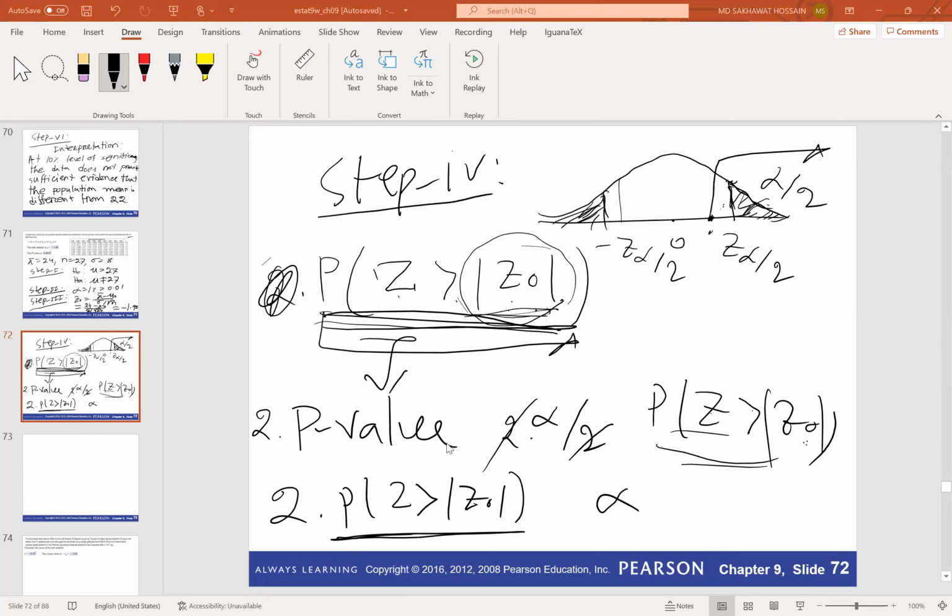So is it clear how we calculated the p-value for two-tailed test? Yeah, I know that it is a little confusing, but if you understand this one clearly, then it will not be a problem. Do you have any question? Yes, sure. I can go back to the previous slide.